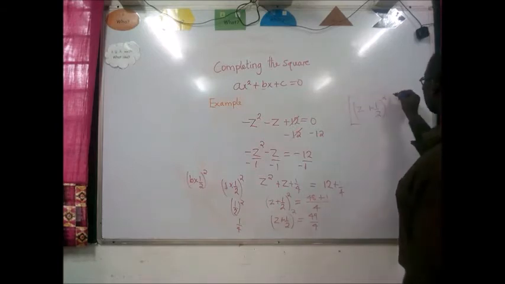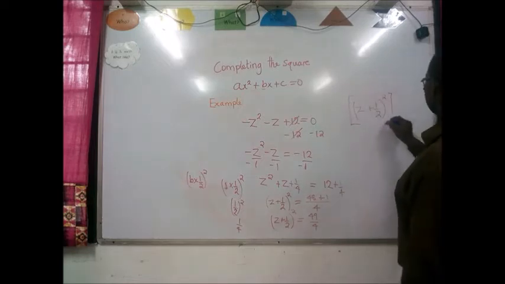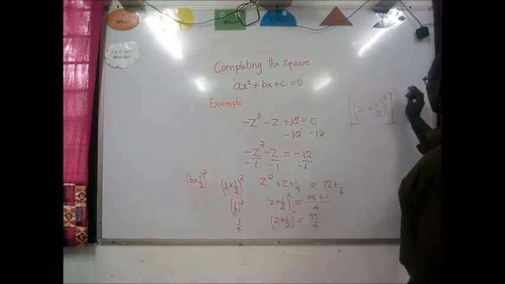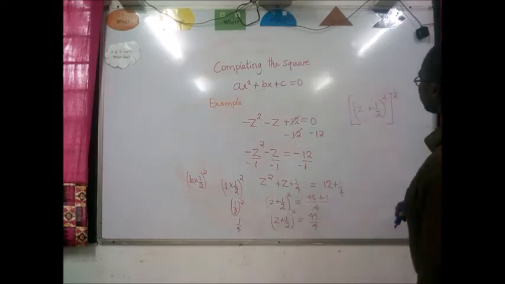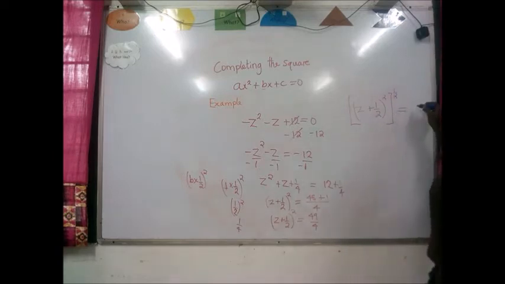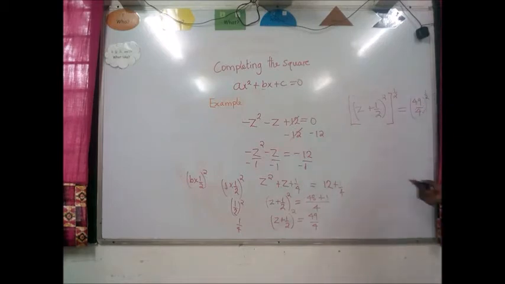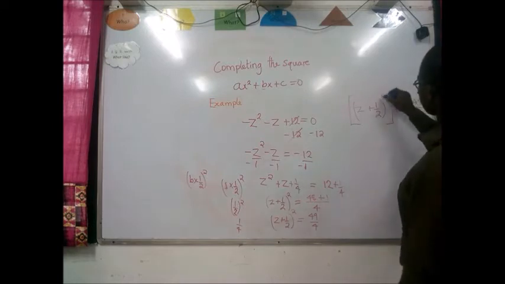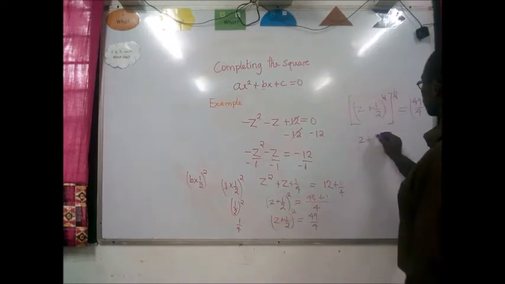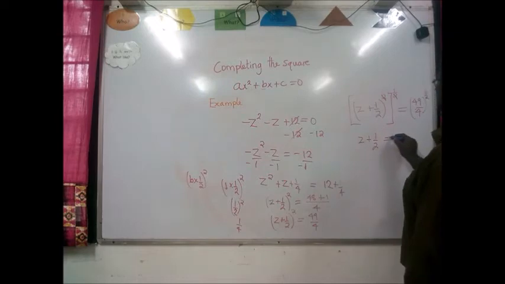In order to get rid of that, we raise to the power of half on both sides. 49 over 4 we also raise to the power of half. As I said, a half power means square root. So we cancel, and we get z plus 1 over 2 is equal to plus or minus root 49 over 4.